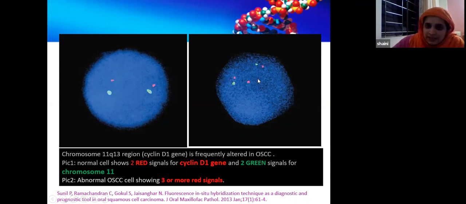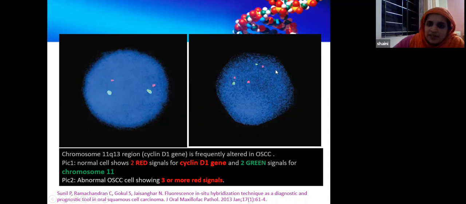Now this is a patient with oral squamous cell carcinoma. Here again, the green probes have shown that these chromosomes are indeed chromosome 11, but you see that there is abnormal cyclin D1 expression in the oral squamous cell carcinoma.